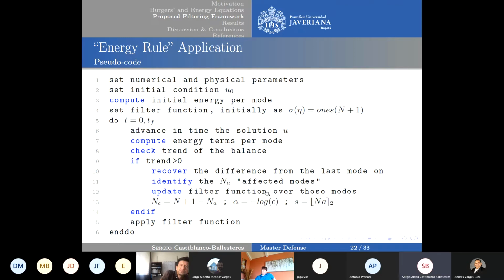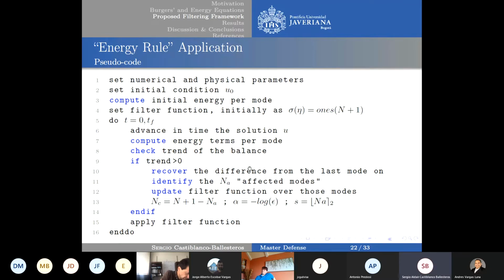The cutoff N sub c will be equal to N plus 1 minus the number of affected modes. Alpha will be equal to minus logarithm of epsilon, where epsilon is machine precision. And S will be equal to the closest even to the number of affected modes.